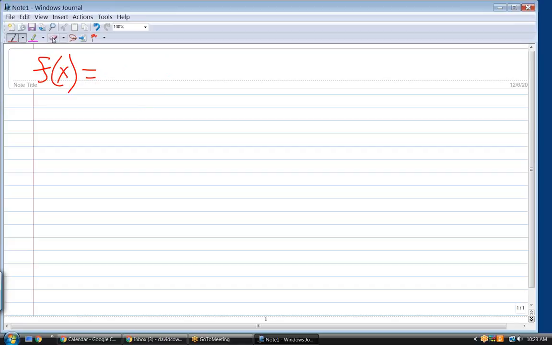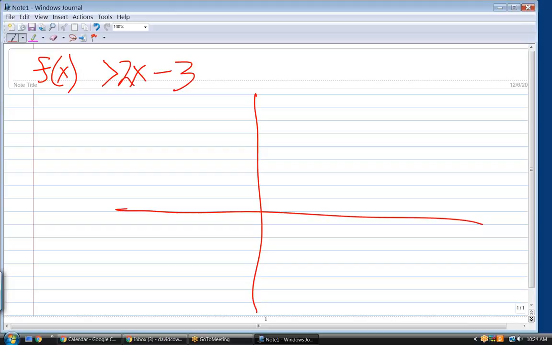If I have f of x greater than 2x minus 3, just a linear equation, that means that my vertex is going to be minus 3 up. I mean down. Minus 3 down. Not the vertex. That's the y-intercept. Yeah, that's where you begin. So the y-intercept is negative 3.